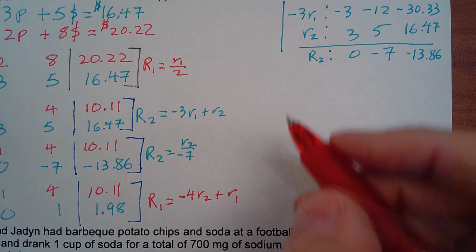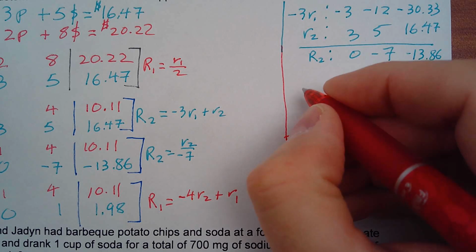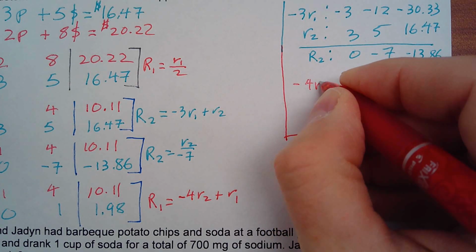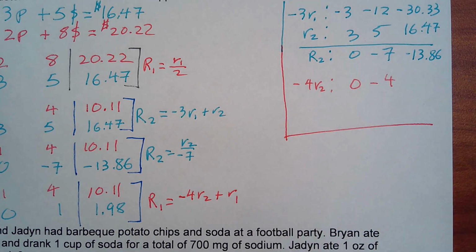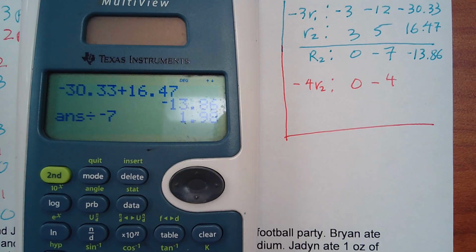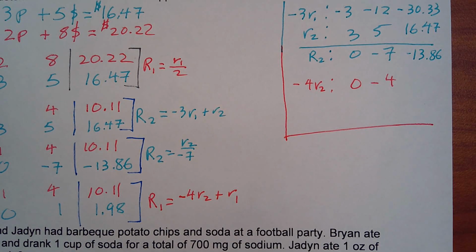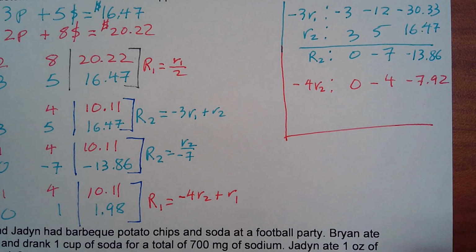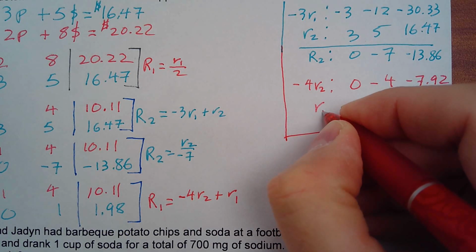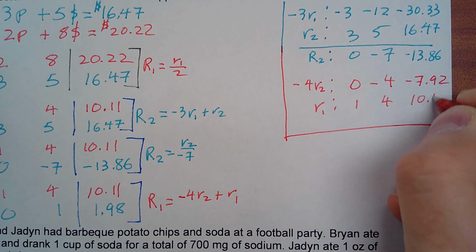So I'm going to go ahead again, put it on my scratch paper. Take negative 4, row number 2. That's 0, negative 4, $1.98 times negative 4 is negative $7.92. And then row 1 was 1, 4, 10.11.